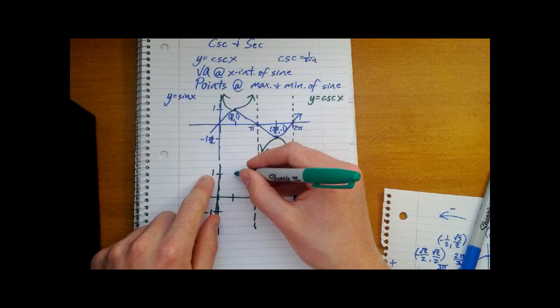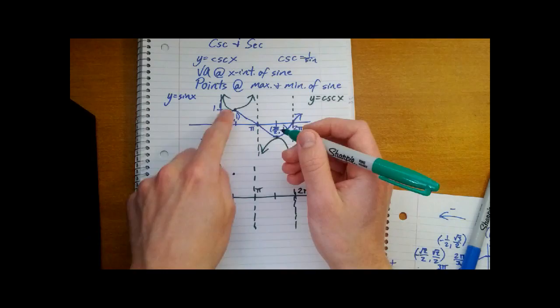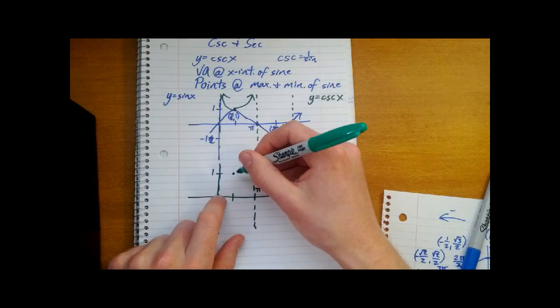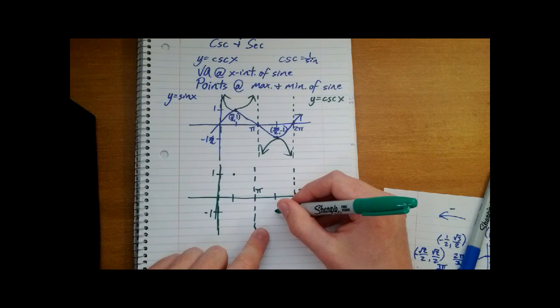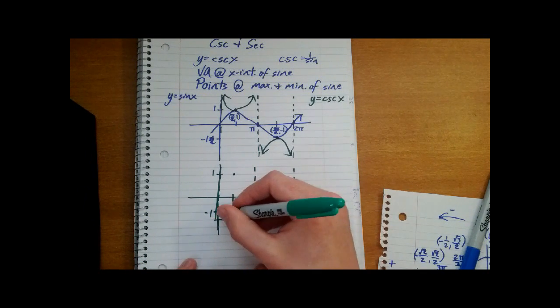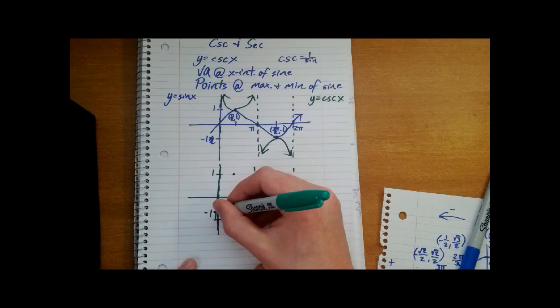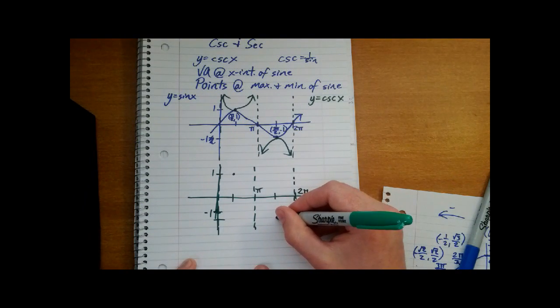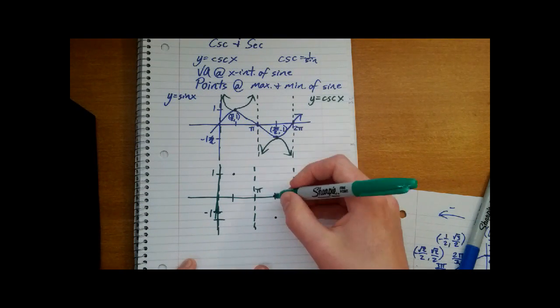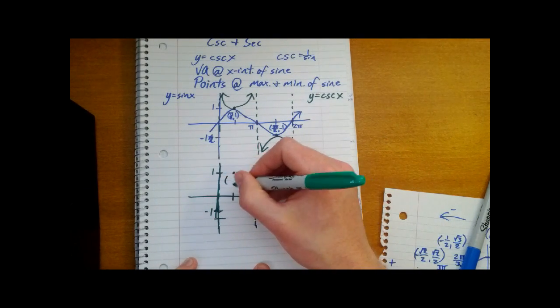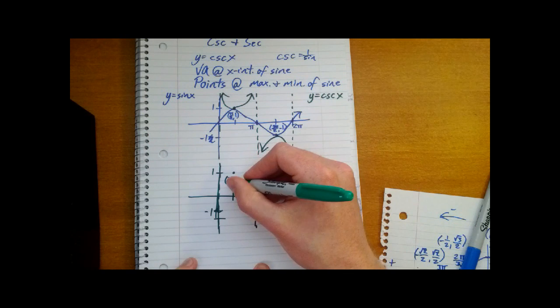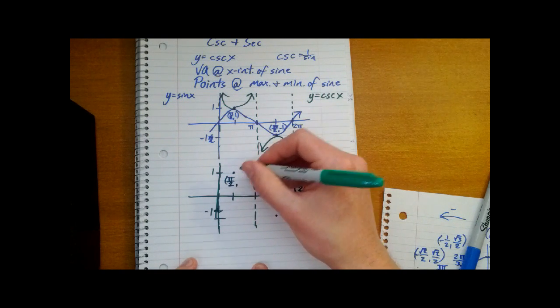We know there's a top of the sine wave at 1, and at -1 on 3 pi over 2. Here's -1. Forgive me, I'm culturally uncultured.